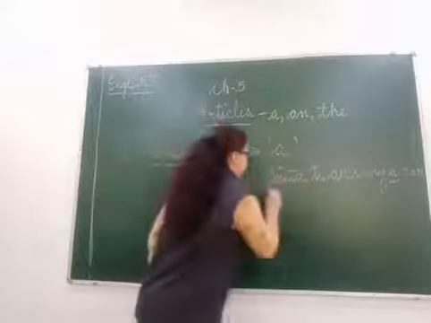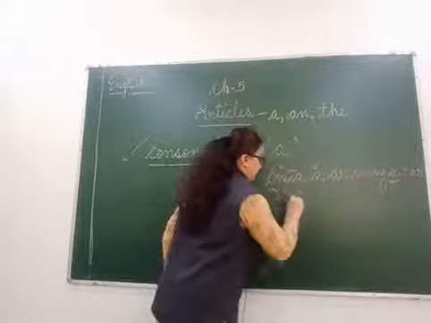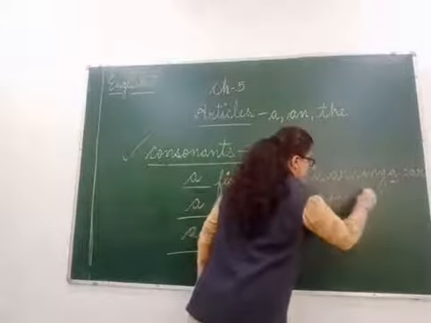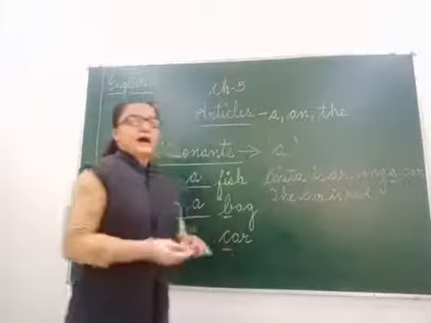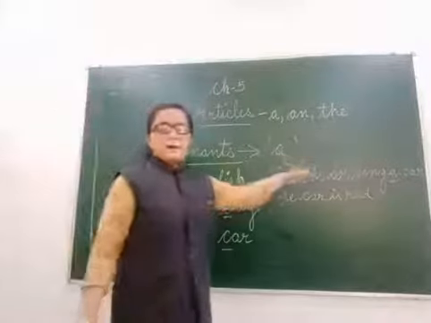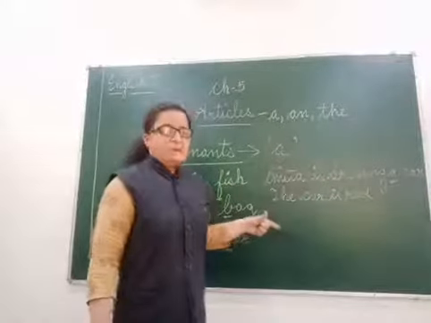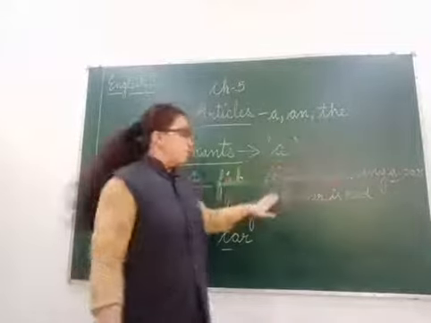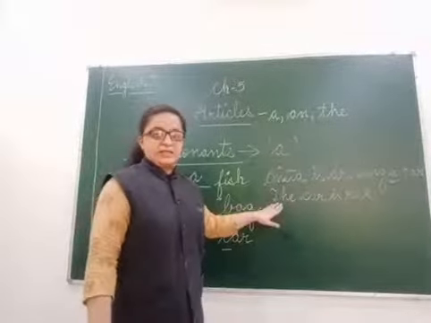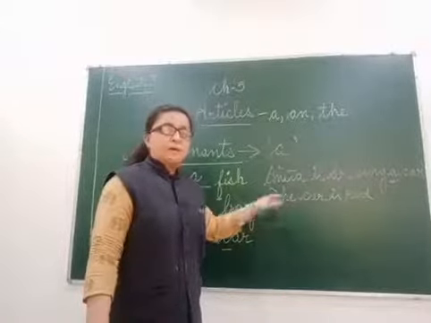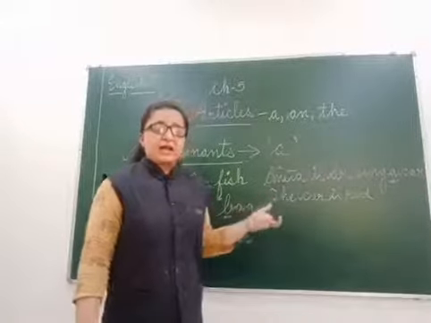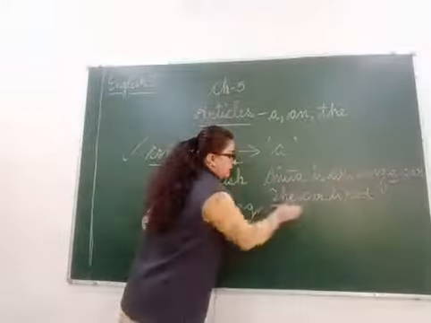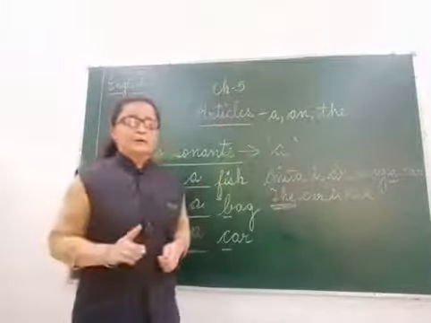Okay, then I am writing the car is red. When we talk about a noun second time in a sentence, Anita is driving a car. Now you can't say here a car is red, because we are talking about the particular car which Anita is driving. So the car is red. Then we will use the here.